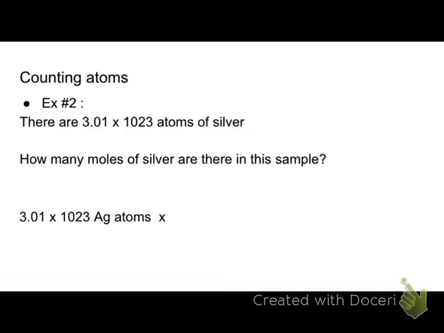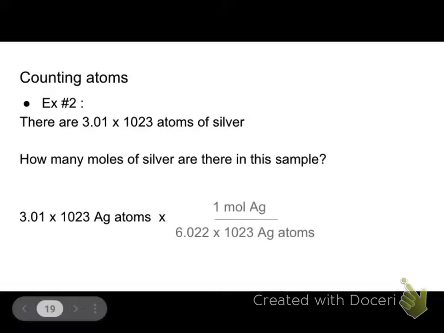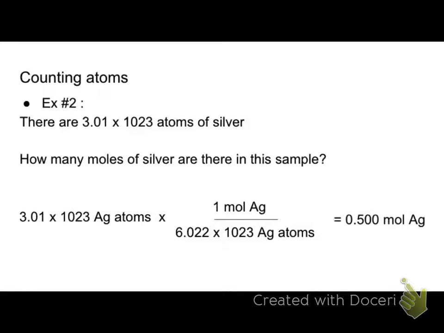And we know that in every mole of silver, there are Avogadro's number of silver atoms, 6.022 times 10 to the 23rd silver atoms in 1 mole of silver. And so then we can cancel out atoms of silver and be left with moles of silver.